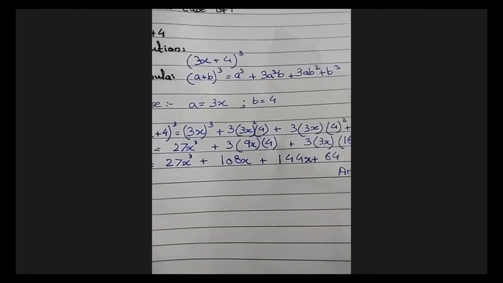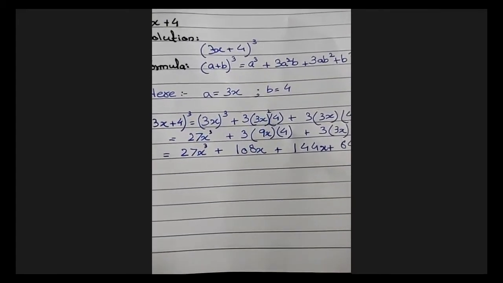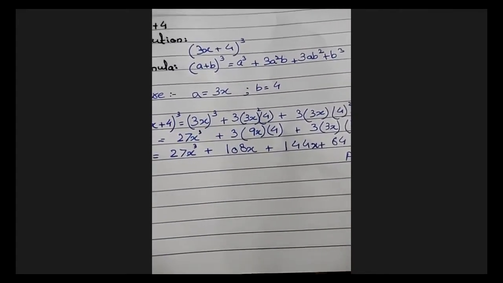Okay, Miss, I'm going to check your answer again. Miss, please write here x square, 9x square. This is 9x square. Kindly correct it. Okay, very good. Now start the next question.